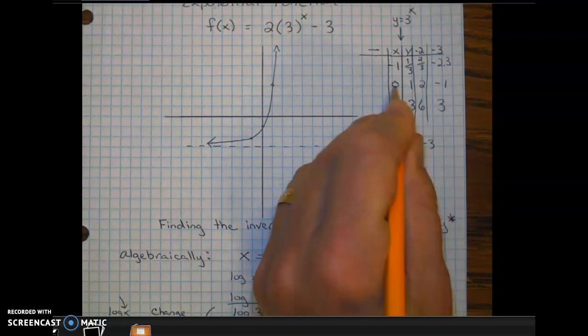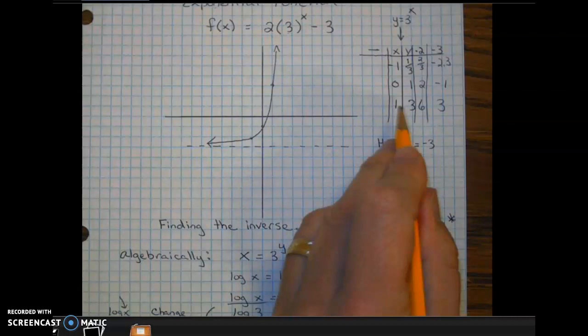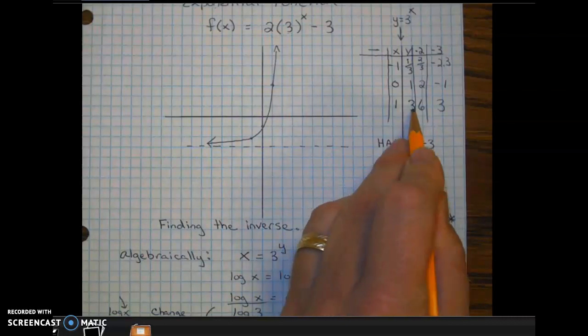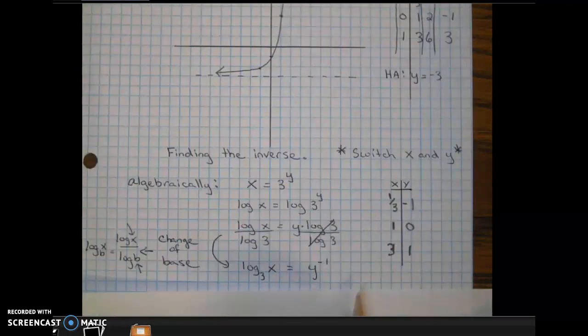Switch the x and the y. 1, 0. Switch the x and the y. Switching them, 3, 1. Okay? So this would be the table for the inverse function for this function right here.